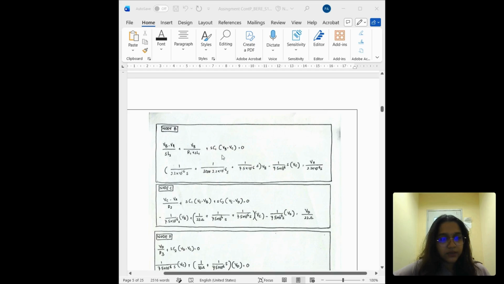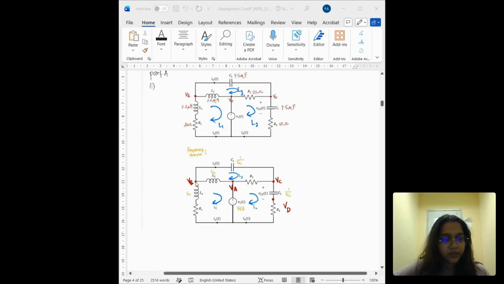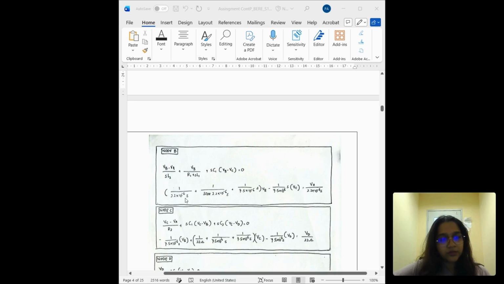And the next direction is upward, so it's VB minus VC multiplied by sC1, and equals 0. Before substituting, I brought VA to the left side.